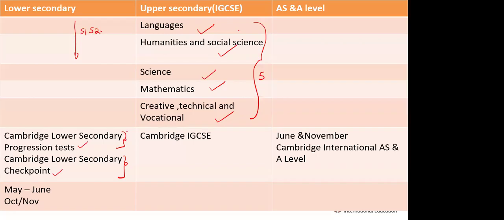So here, the child has the choice to do only 5 subjects, as long as among the subjects the child is choosing, English is one of the languages. The child must have English. You can have science, where you can have biology, chemistry, or physics. Then mathematics must be there.